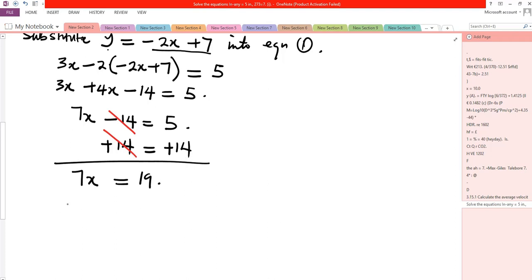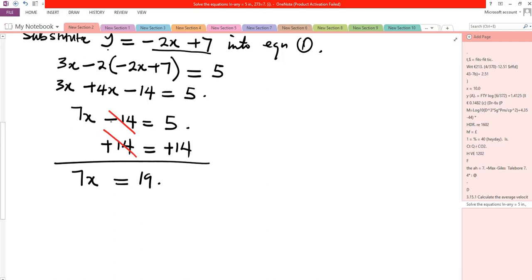Now we want to get our x. For us to get our x, we divide both sides by 7, so that we take away this 7. This 7 is multiplying x. To take away this 7, you do the opposite of what is being done here, which is multiplying. So the opposite is division.